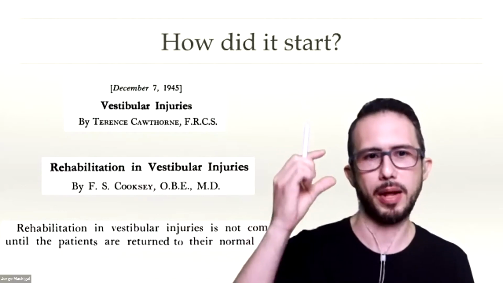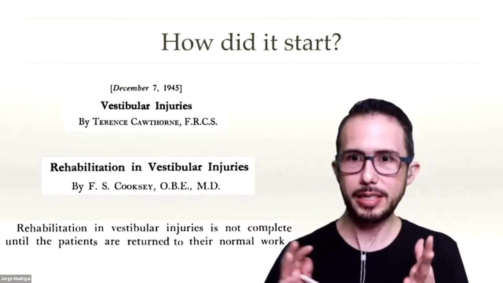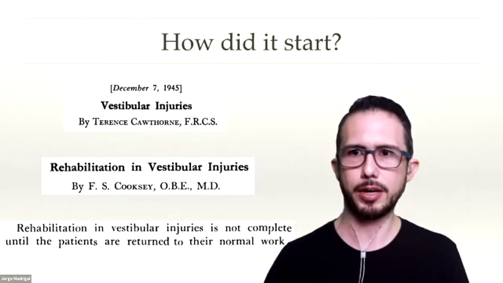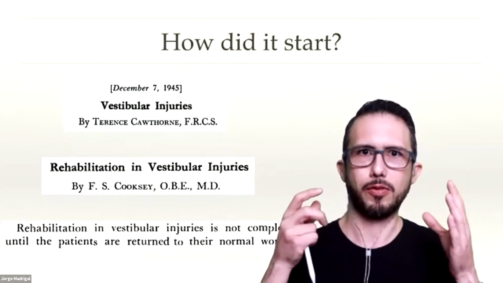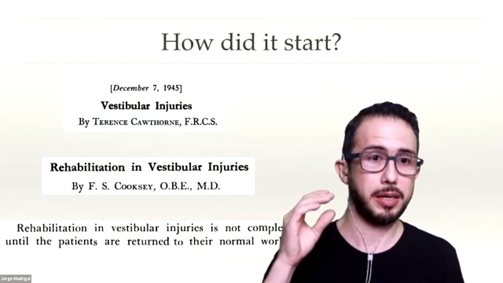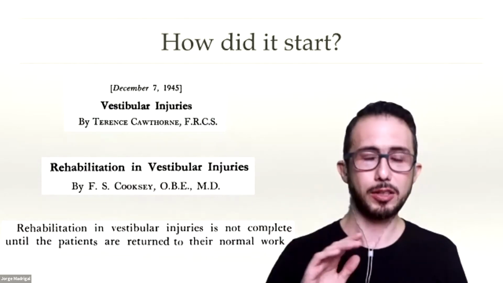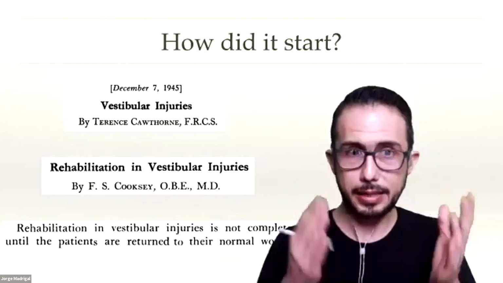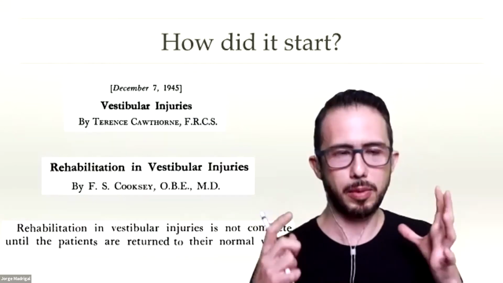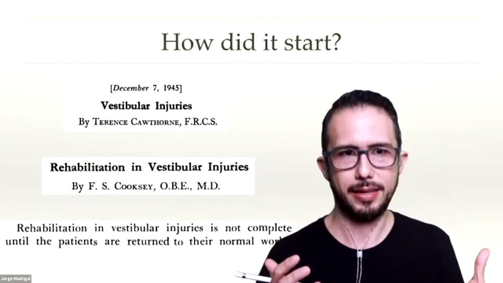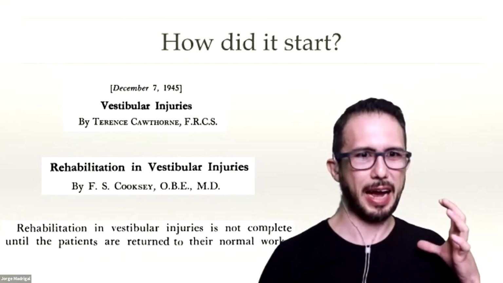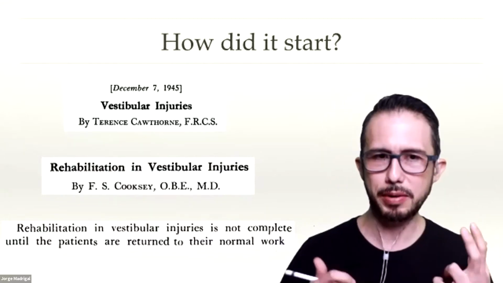If we only see the patient with a vestibular injury as a patient with a low gain in the vHIT, for example, we will miss a lot of patients who objectively have a normal vHIT gain, but they are not happy patients. So this is very important.